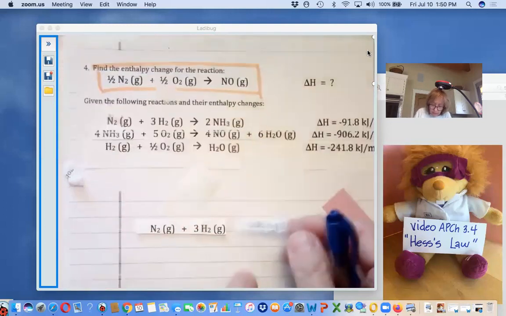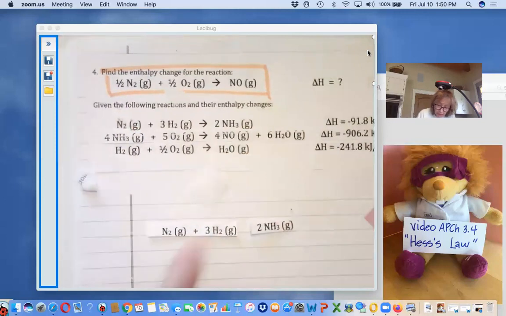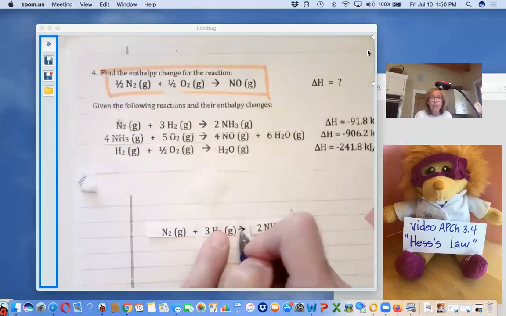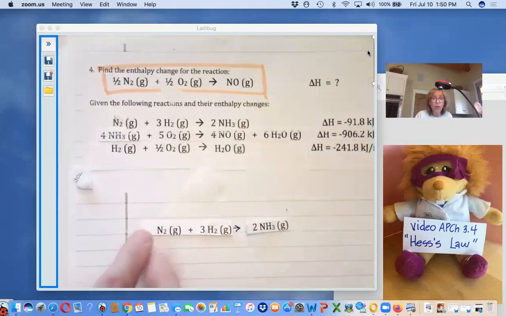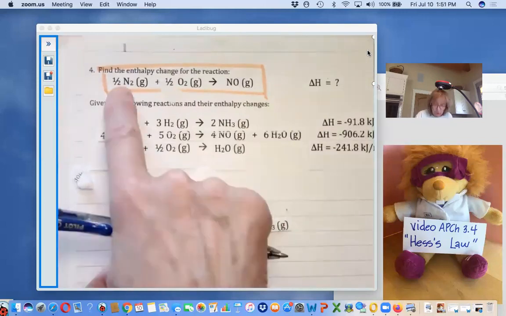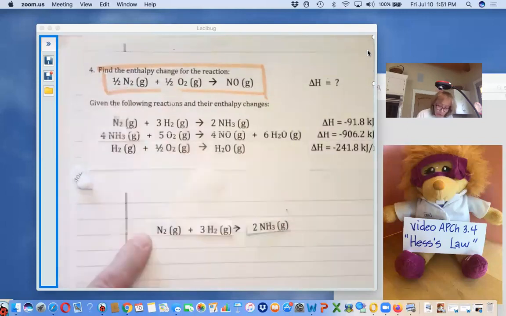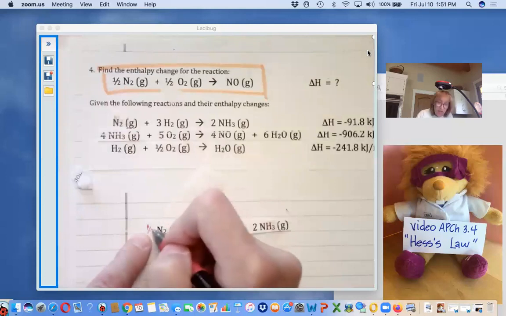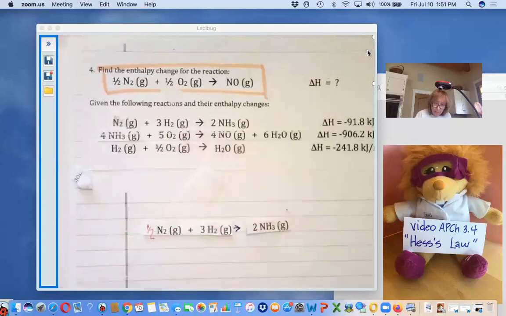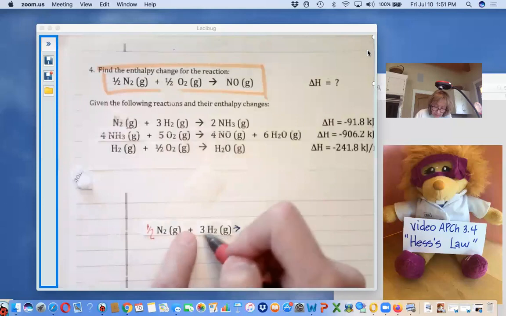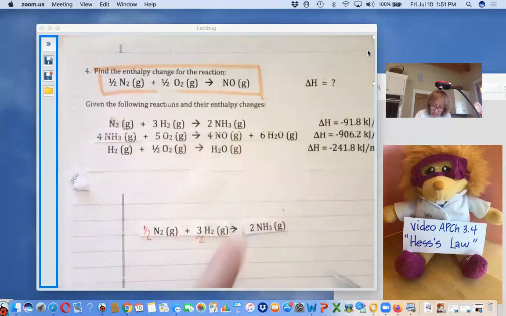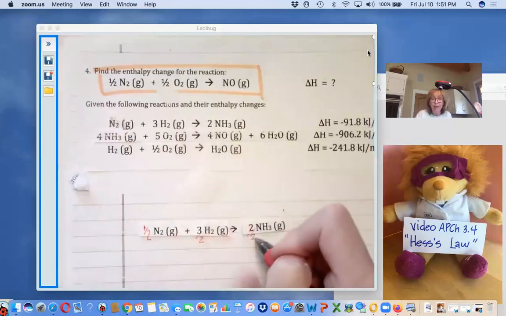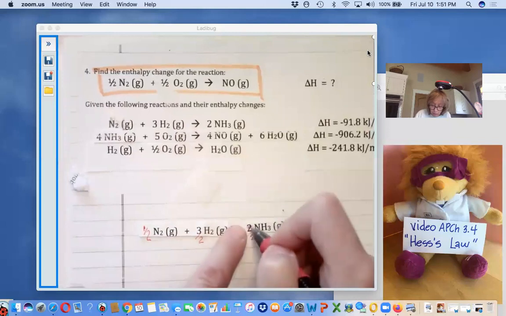Okay, so I'm keeping this in the same order, but I don't want 1 full mole of nitrogen, I want 1/2. So I'm going to multiply everybody by a factor of 1/2. And that'll be 3/2, and this will be 2/2, which is simply 1.